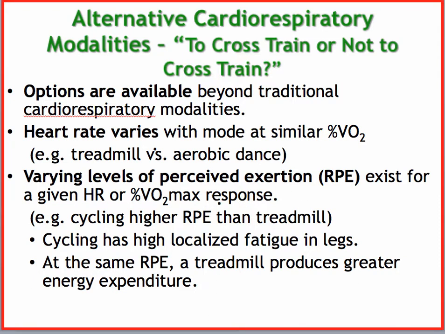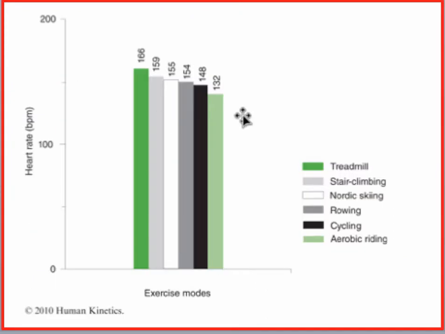But when you look at the exercise modes, you can see the similarity in the same oxygen consumption, the similarity in heart rate response, but across these exercise modes, studies have shown that treadmill running tends to be the highest caloric consuming exercise of these exercise modes.